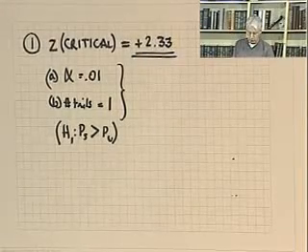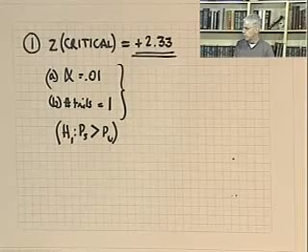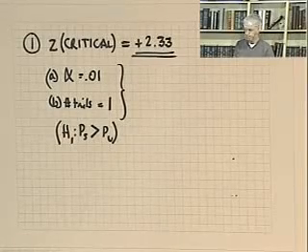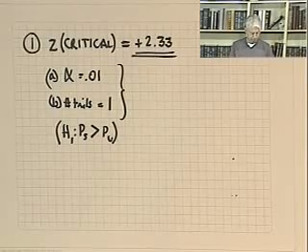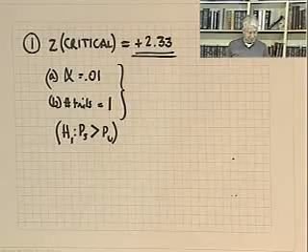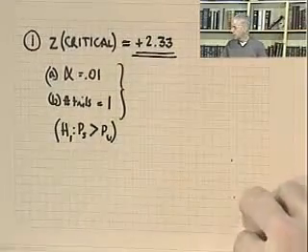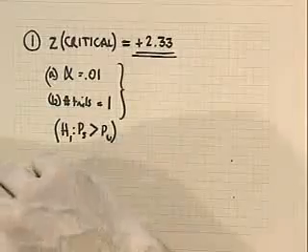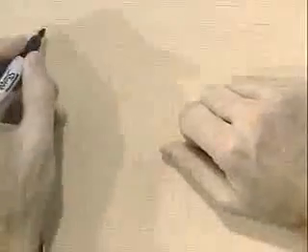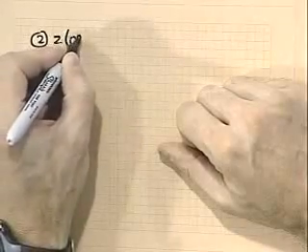But those scores all derive from Appendix A. Yeah? Forgetting is fine. It's all right. So, are there any other questions? Then we need to compute the obtained value of z.